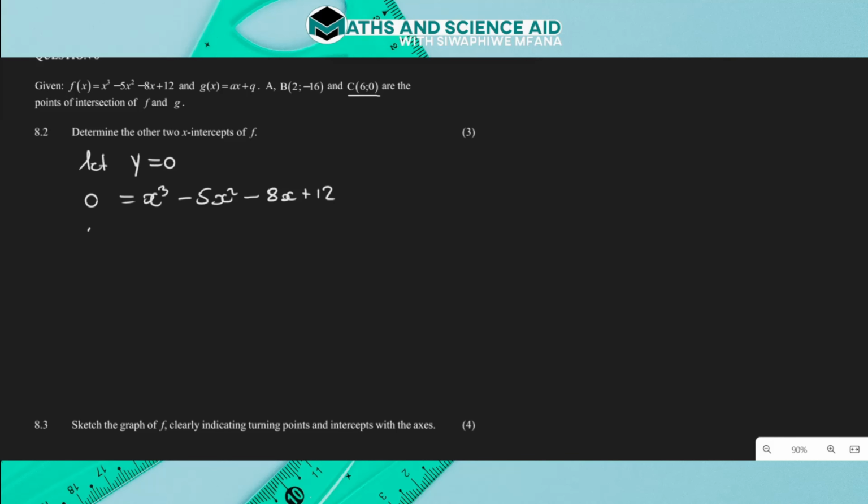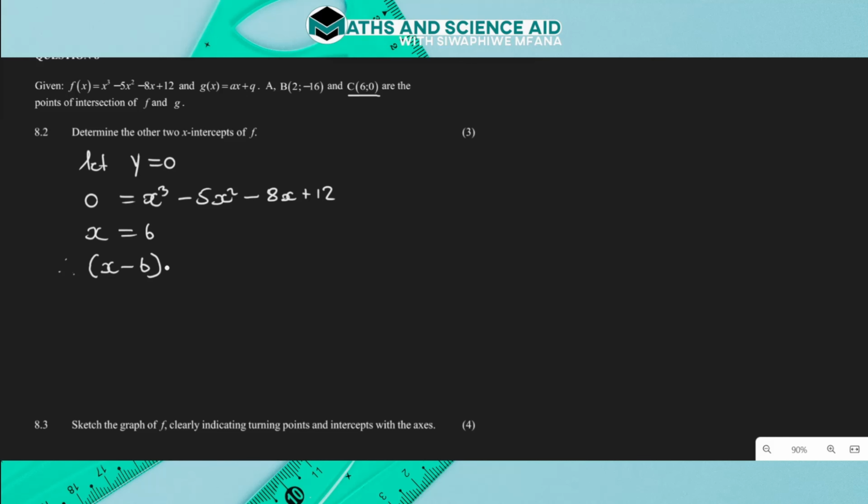And we know that one of the values of x is equal to 6. Therefore, the factor from which this was obtained should have been x minus 6.